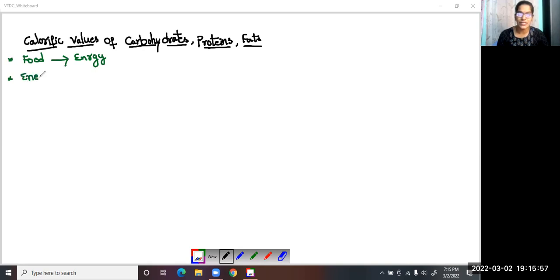The energy that is present in the food is measured in terms of heat energy. Why is it measured in terms of heat energy?